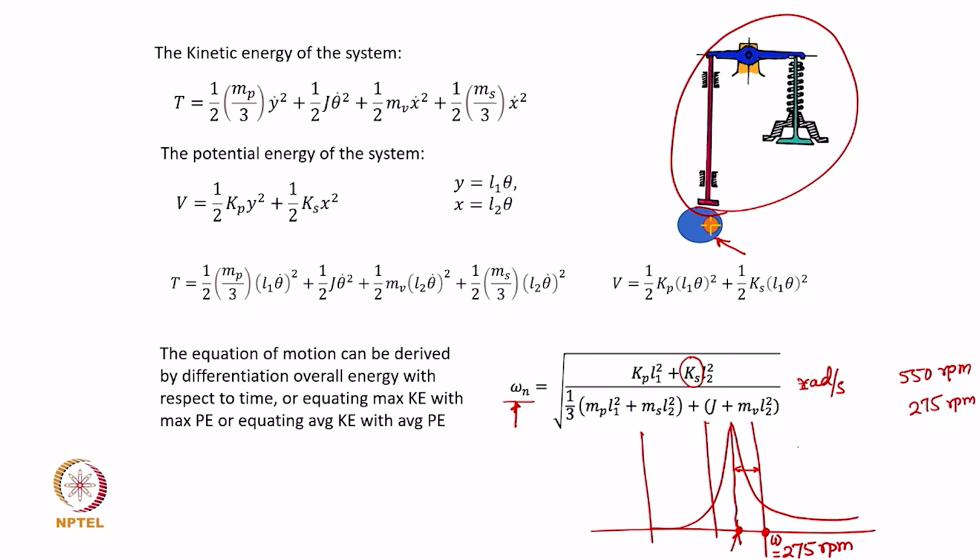It is preferable that the natural frequency lies on the left of this rather than figuring out that your 275 rpm is here and the natural frequency is on the right side. Why? Because as the engine picks up its speed, it will anyway then again cross through that resonance region. So, it makes more sense to consider the spring to have a stiffness in such a way that the natural frequency lies on the left side of it.